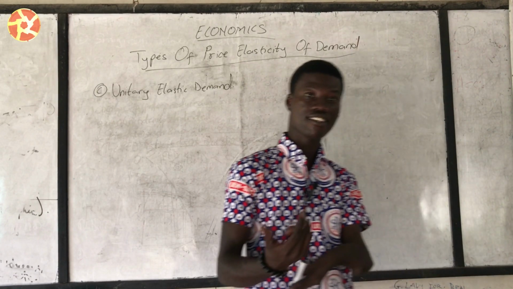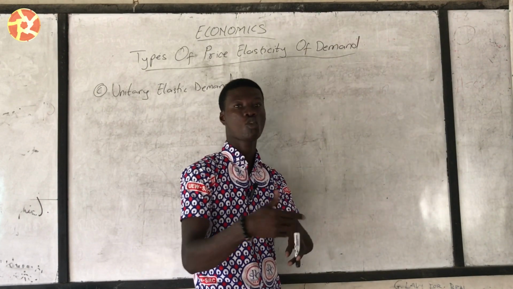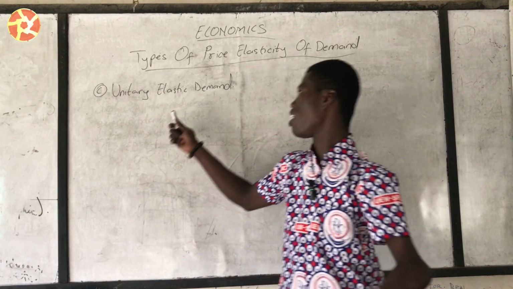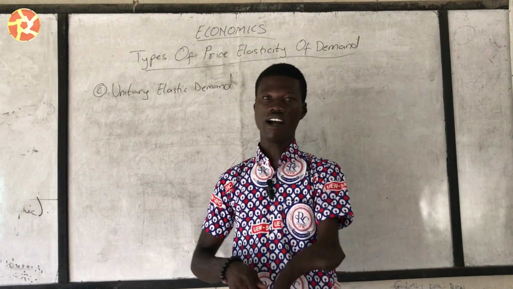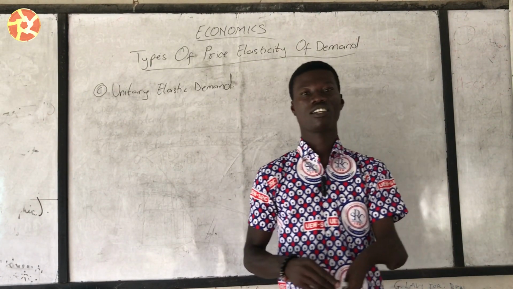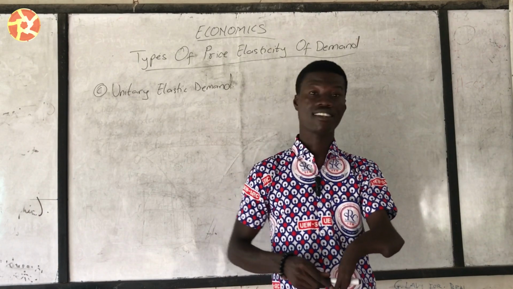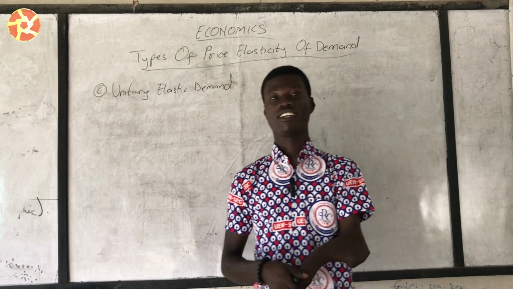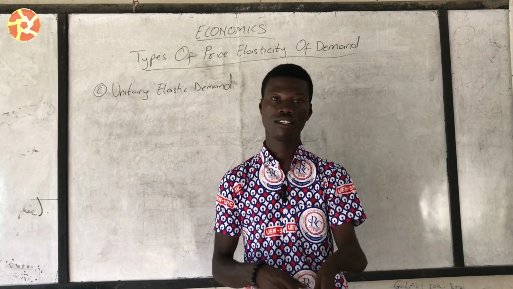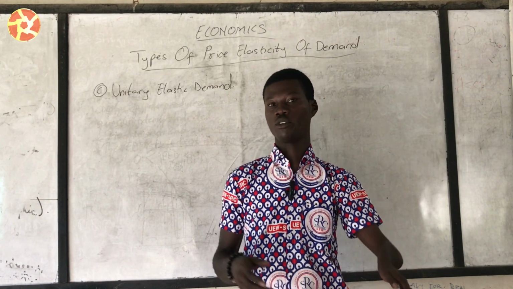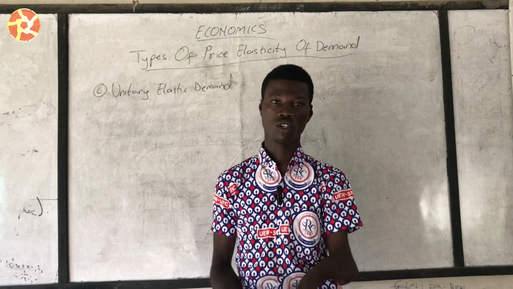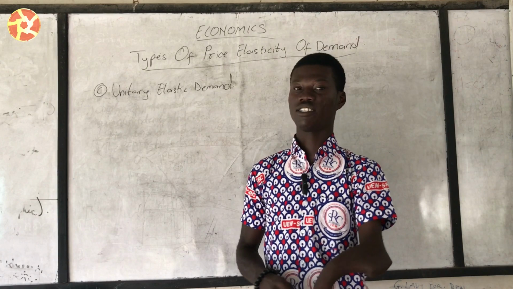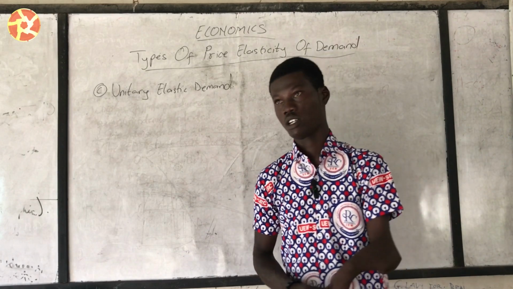So an increase or decrease in price causes the same change in quantity demanded under unitary elastic demand. And for that, the coefficient of the PED, the price elasticity of demand, is 1. And the demand curve is even in slope as compared to the other ones, which are either steep or gentle. So with unitary elastic demand, the demand curve is evenly sloped.